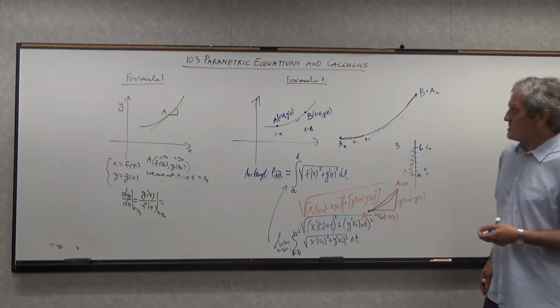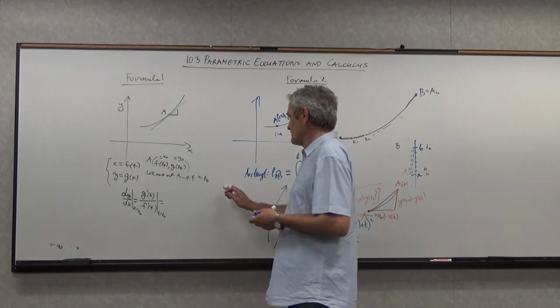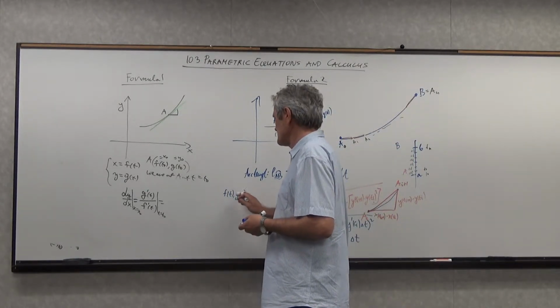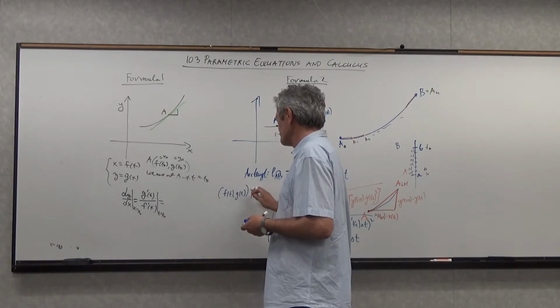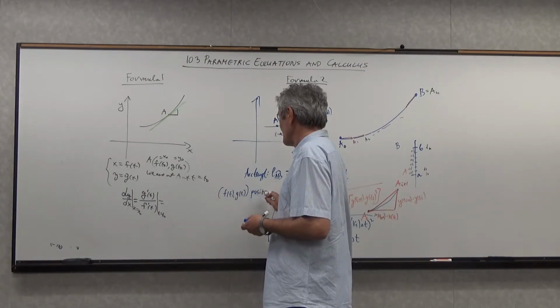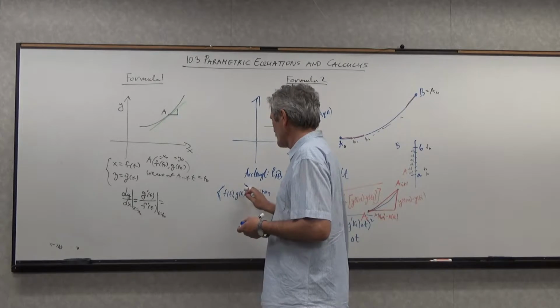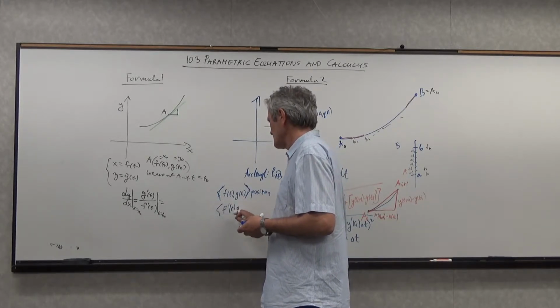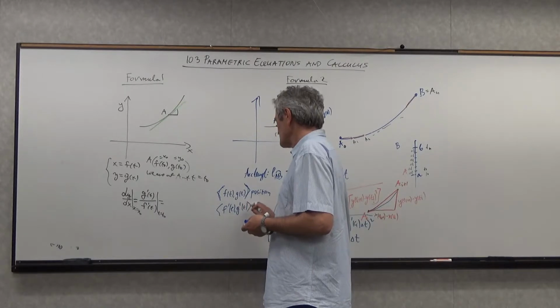Why? Because if f of t, g of t is the position vector, then when you differentiate, you get velocity.